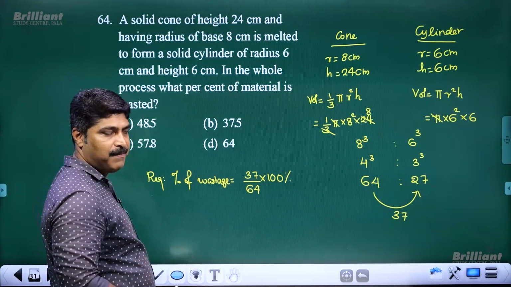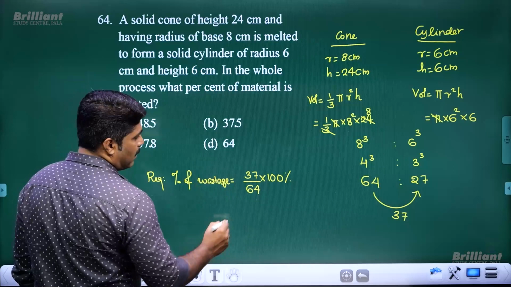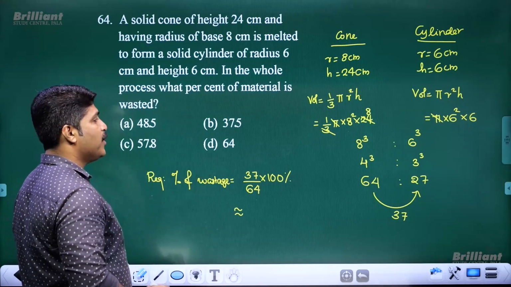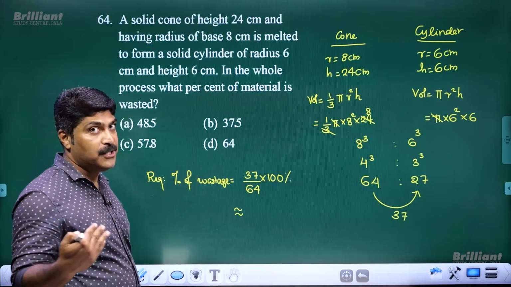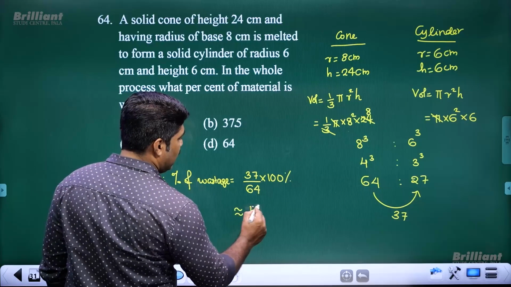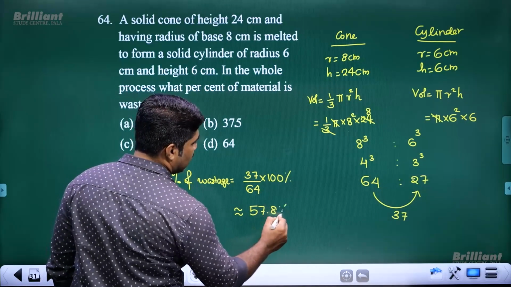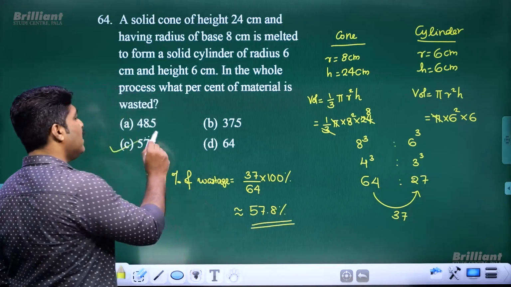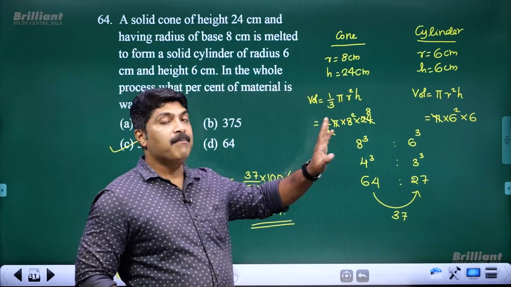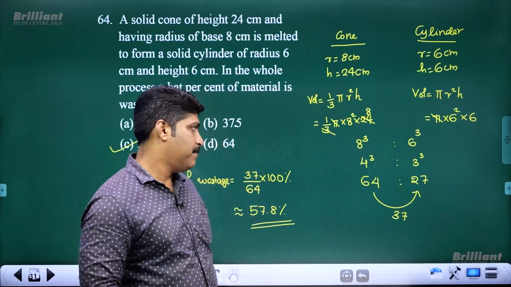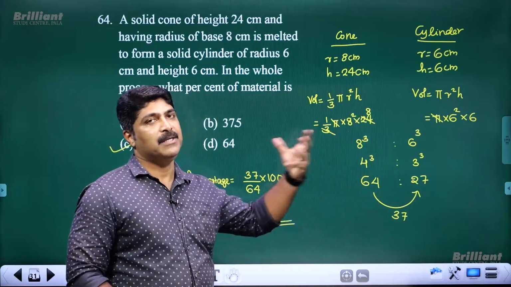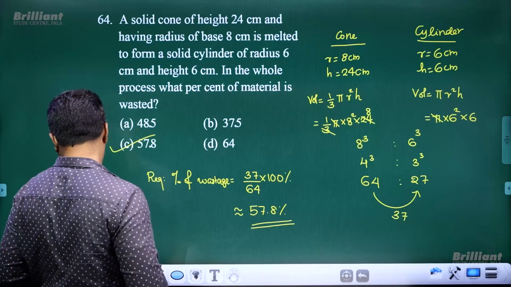So we can conclude that our answer lies between 50 and 60. So what is the value from the options in that range? That is equal to 57.8%. It's a very important strategic approach, because whenever we use this kind of approach, you are framing the ratios here. Get it?